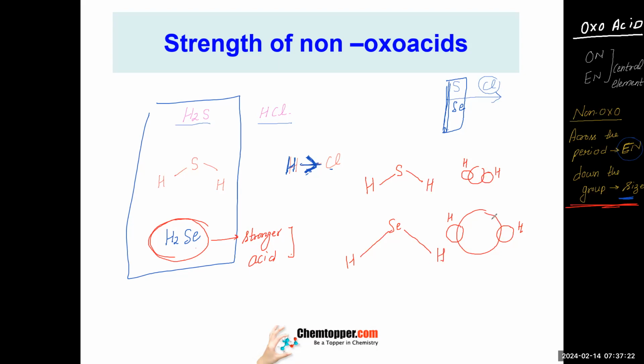As the size of the atom increases, what will happen to the size of orbitals? Will be more, big size, big orbitals. Means bonds are longer. Longer bonds are weaker, weaker bonds, and easy to break.